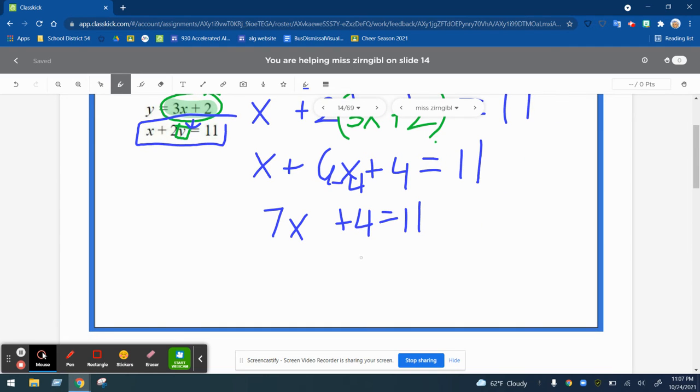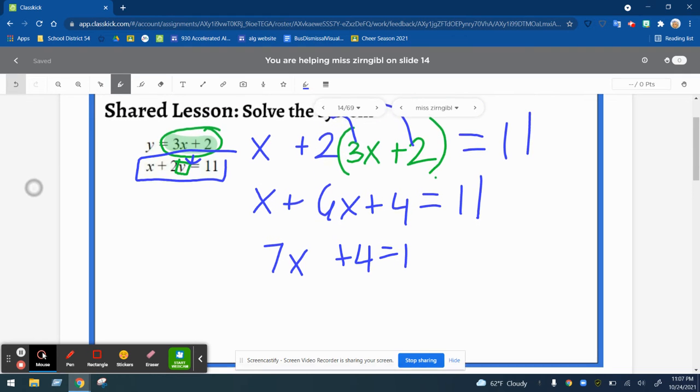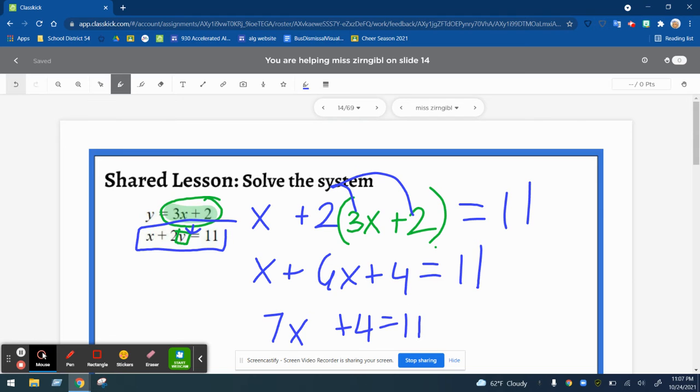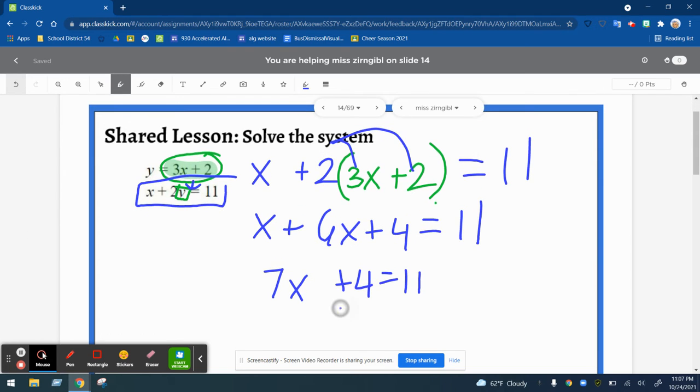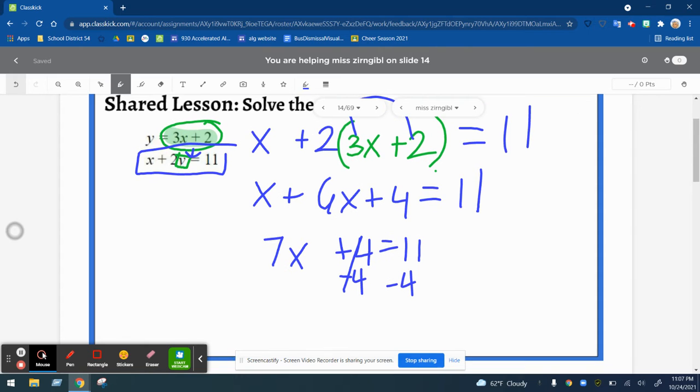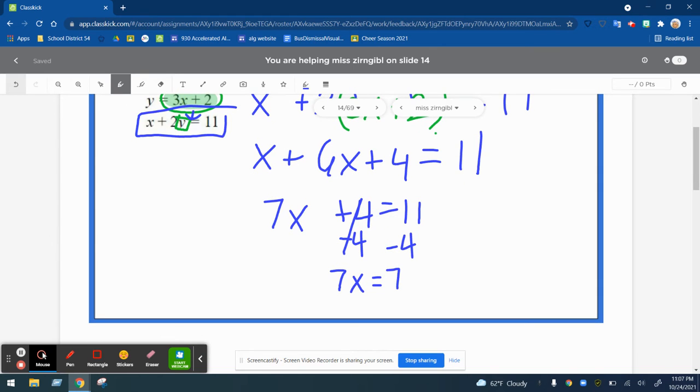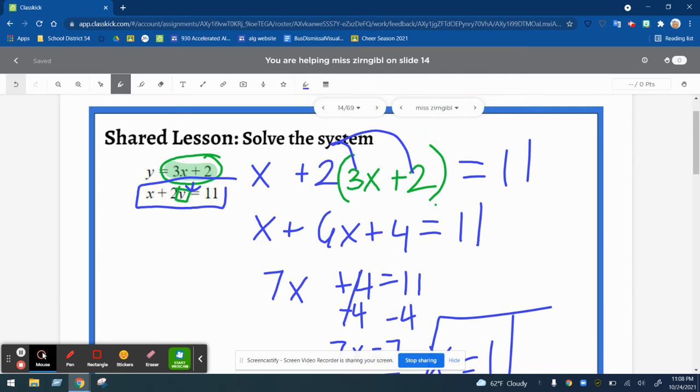Subtract 4. 7x equals 7. We divide by 7. Sorry, my computer gets a little laggy sometimes. And x equals 1.